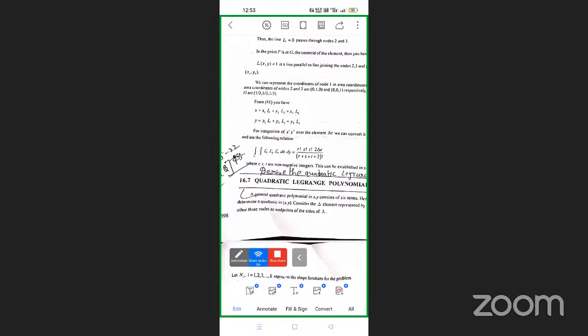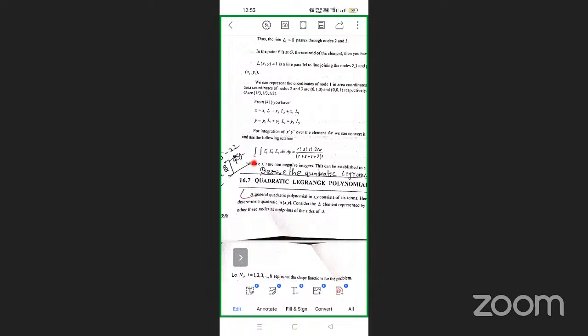So the final equations: x is equal to x1 L1 plus x2 L2 plus x3 L3, and y is equal to y1 L1 plus y2 L2 plus y3 L3. This is the final formula.